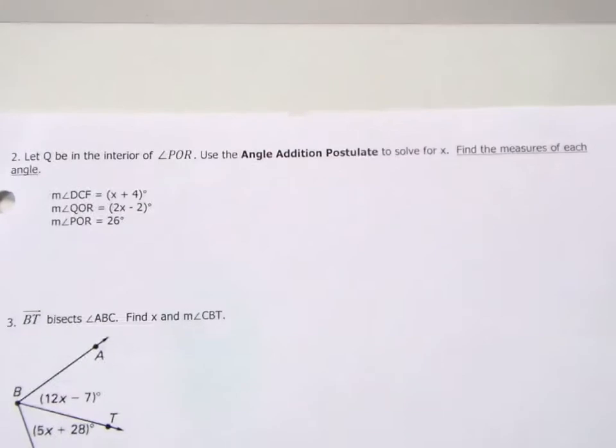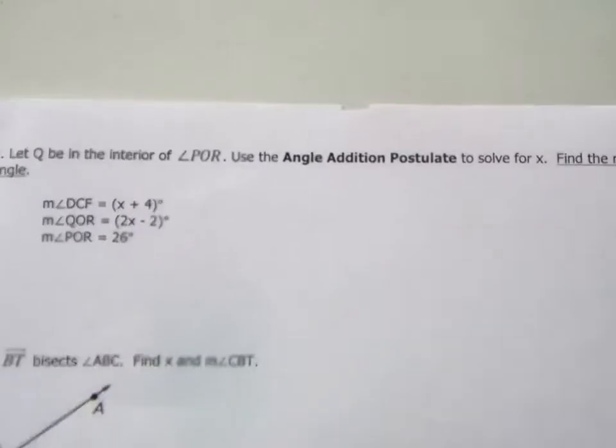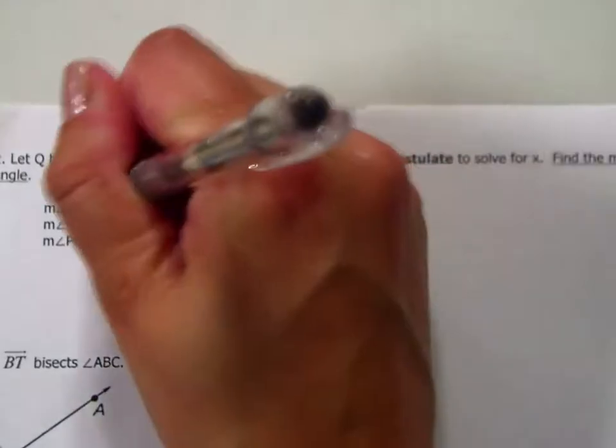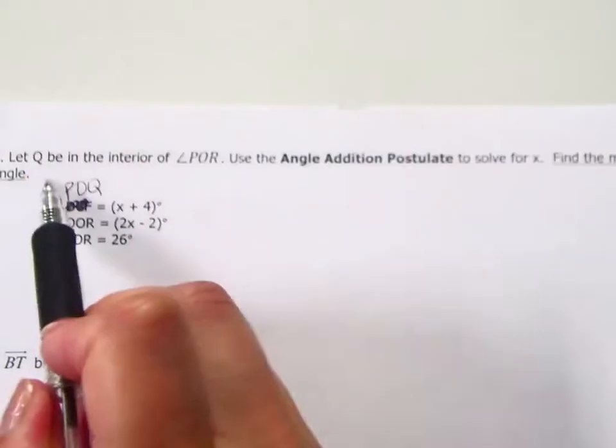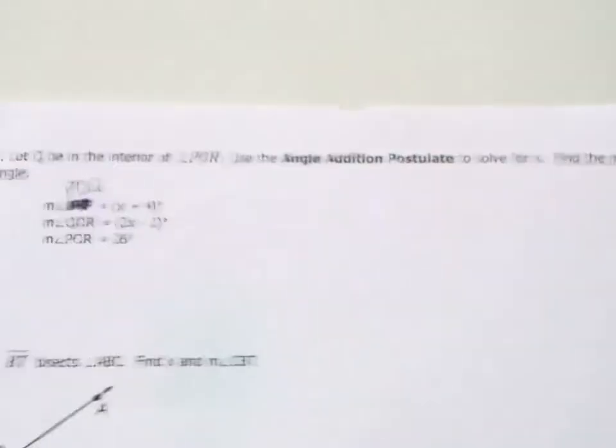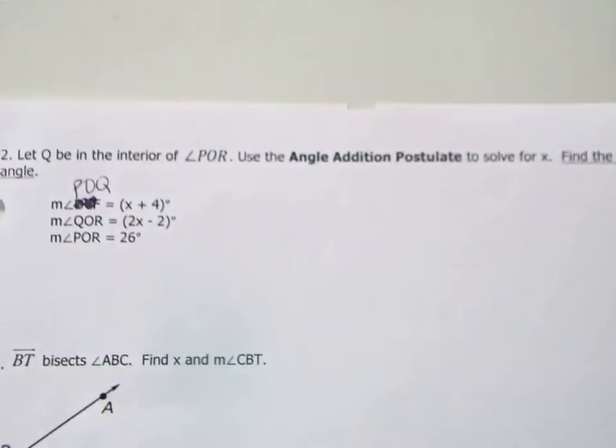All right, what we have is just a few more examples. Number 2 is using the angle addition postulate, and there is one typo that you are going to have to change in the information. This first angle should be angle POQ. Okay, so in the instructions it says to let Q be in the interior of angle POR.